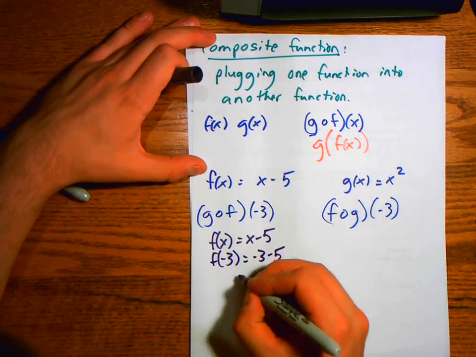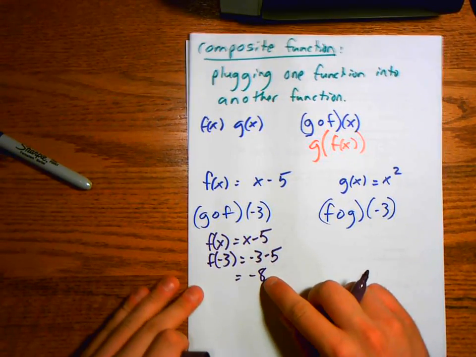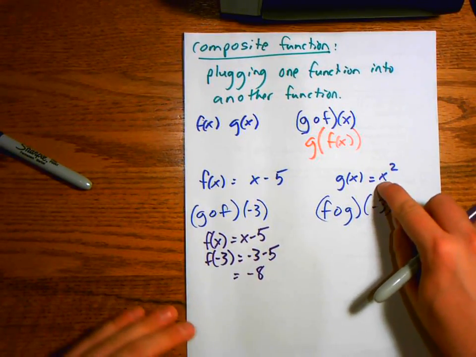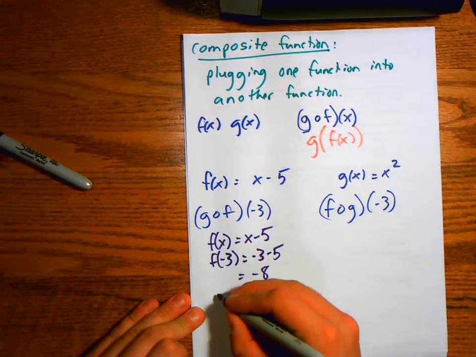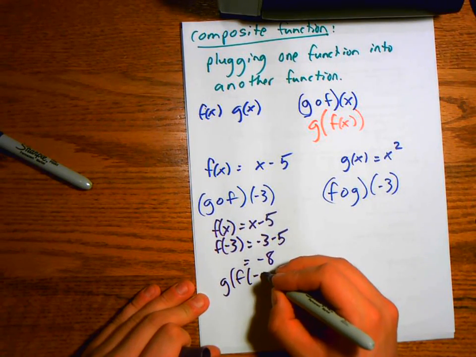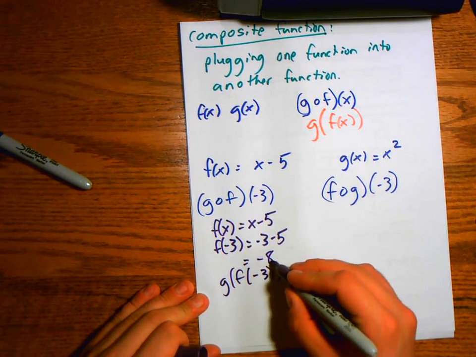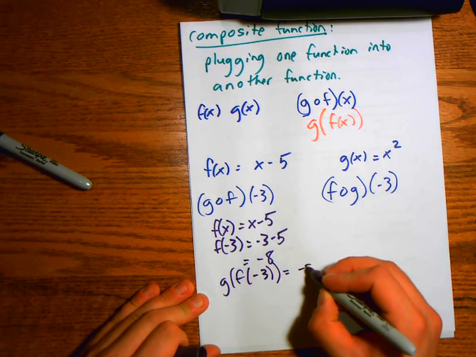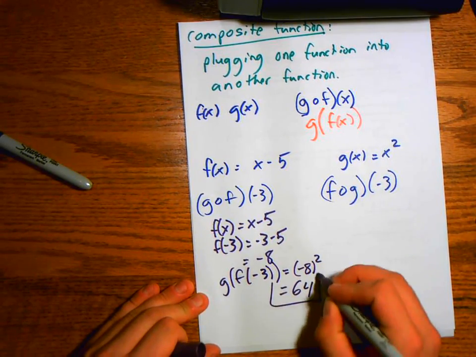This means that f of negative 3 is equal to negative 8. Now we're going to take this and plug it into our g of x function to get g of f of negative 3. So g of f of negative 3 means we plug in a negative 8, since this is what we solved for, and negative 8 squared is equal to 64.